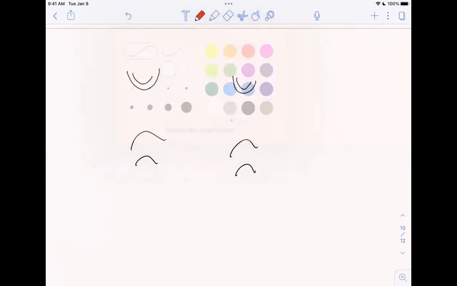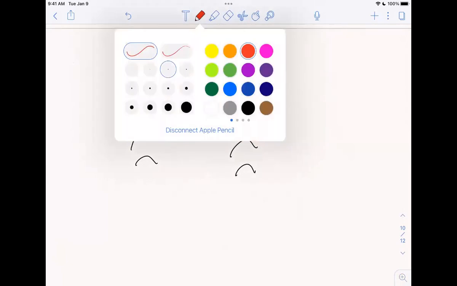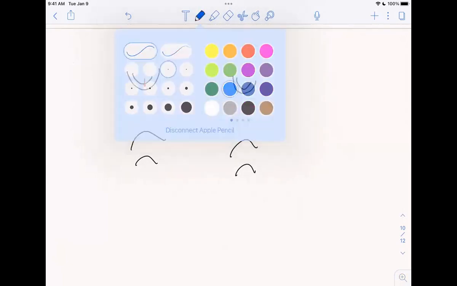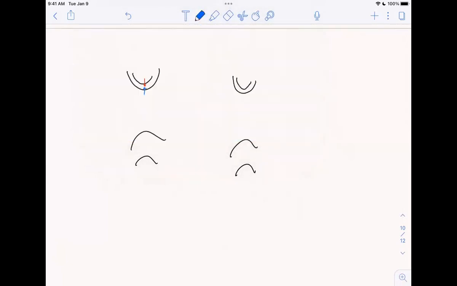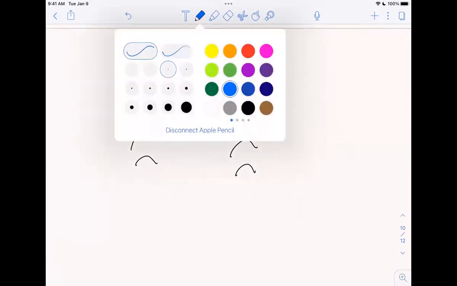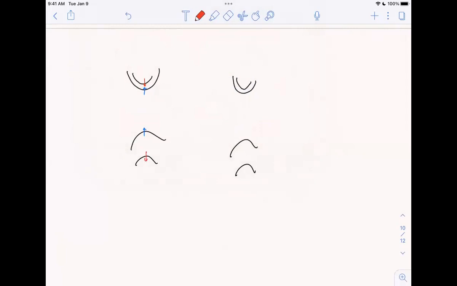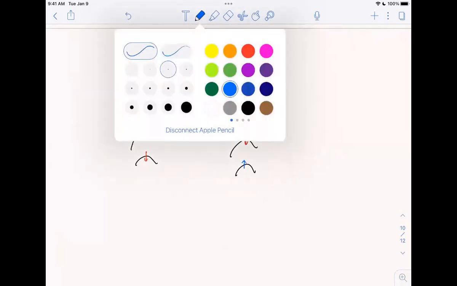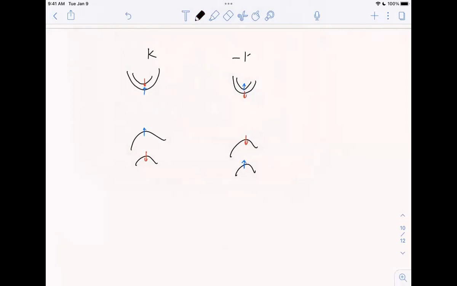So you have a spin down, up, up, down. So you just change everything here. Okay, so this is on the K and negative K.